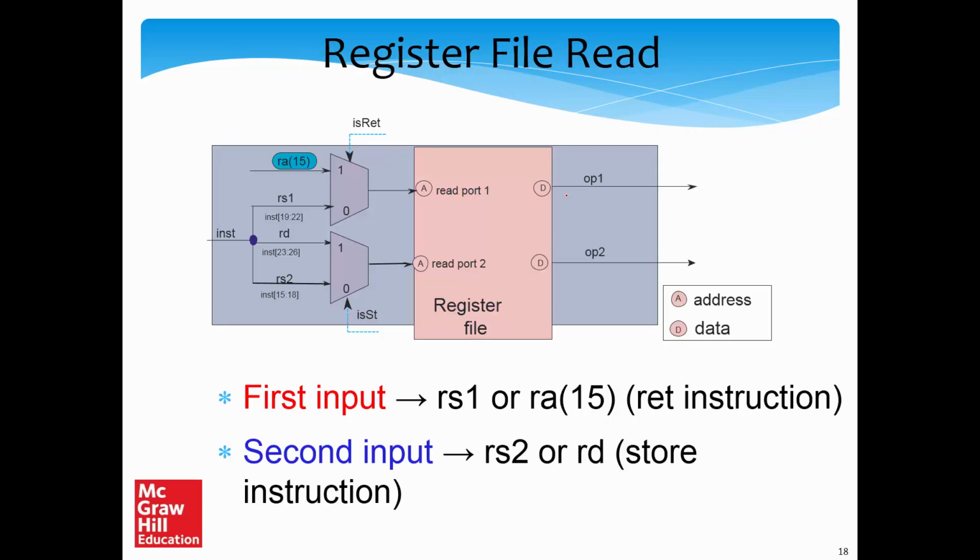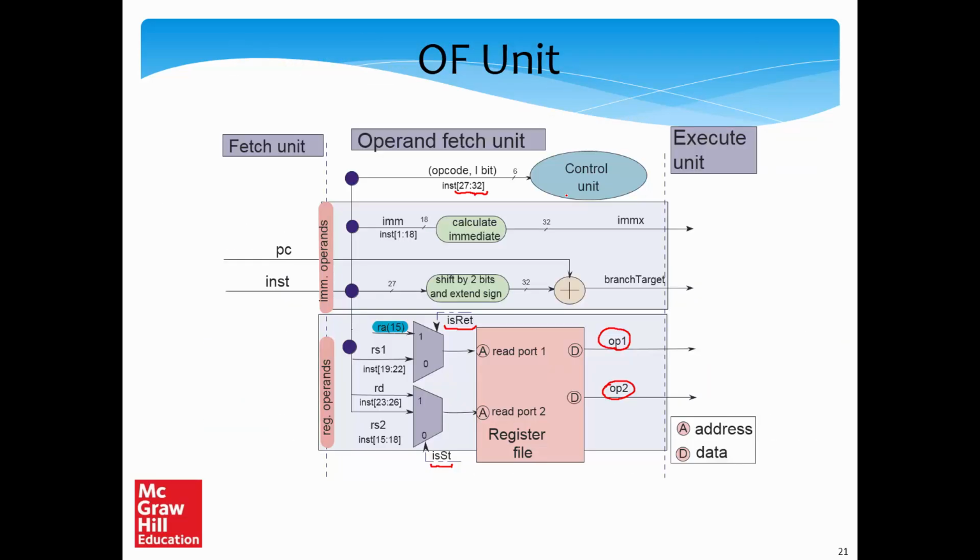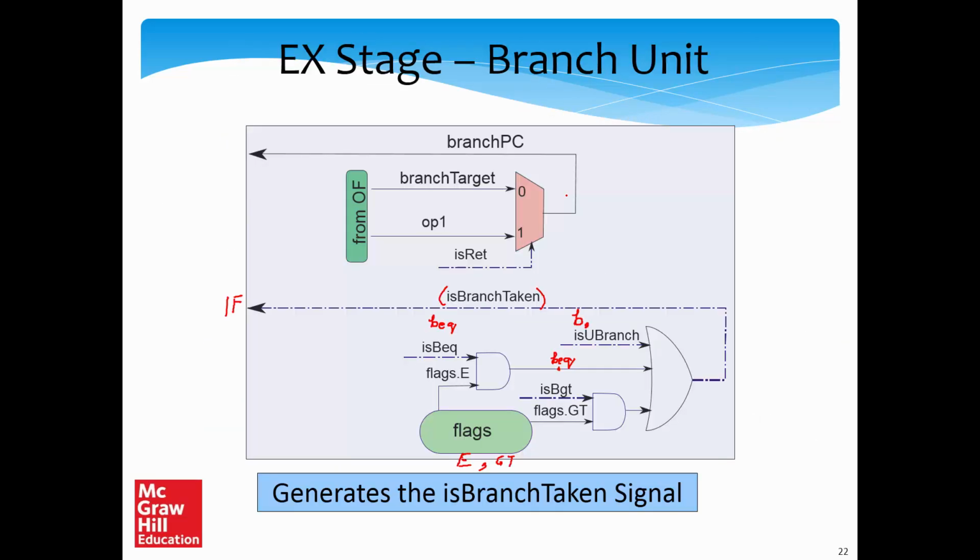So let's go back. In this case, what we see is that isBranchTaken will be set if the BEQ or BGT conditions are true, or if it's an unconditional branch.